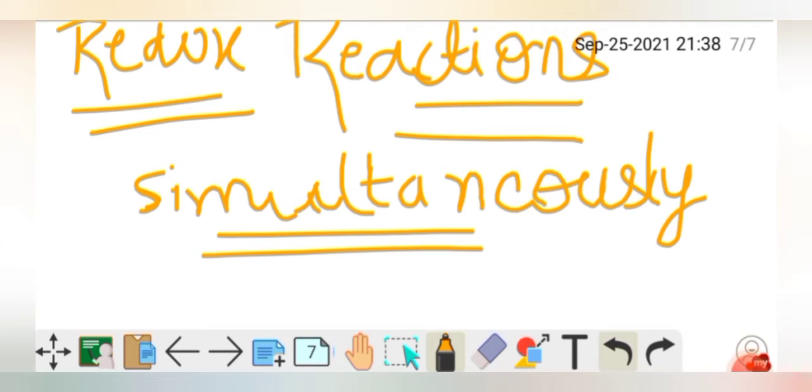Simultaneously they both take place, oxidation and reduction. Now I will explain through an example.